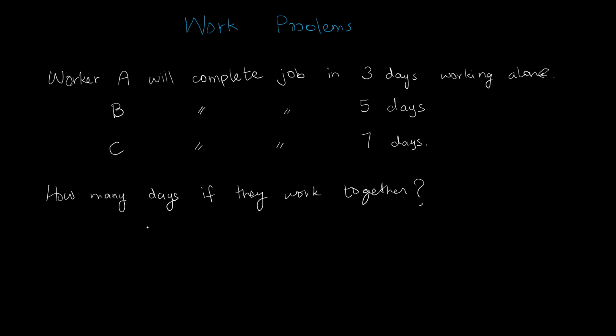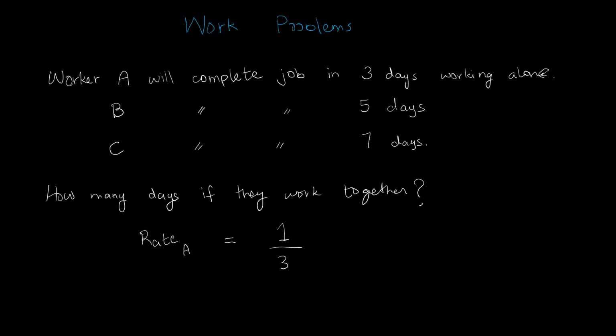So the rate is x over 3, or you may call it 1 over 3, because he completed the job, 100% of the job, in 3 days. So 100% translates to 1, because 100 over 100 is equal to 1.